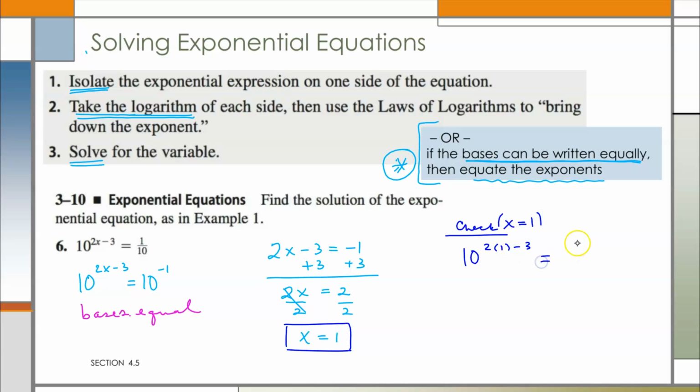Let's see if that's the same as 1/10. You always plug your solution back into the original equation. Okay, so we end up with 2 minus 3, which is a negative 1. 1 over 10 is 10 to the negative 1. And so we know we have a good solution. Okay, next one.